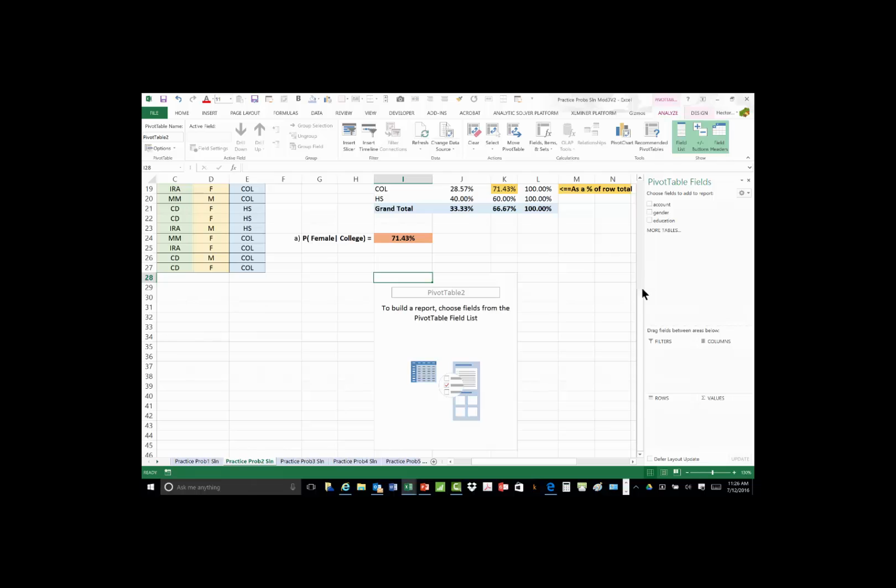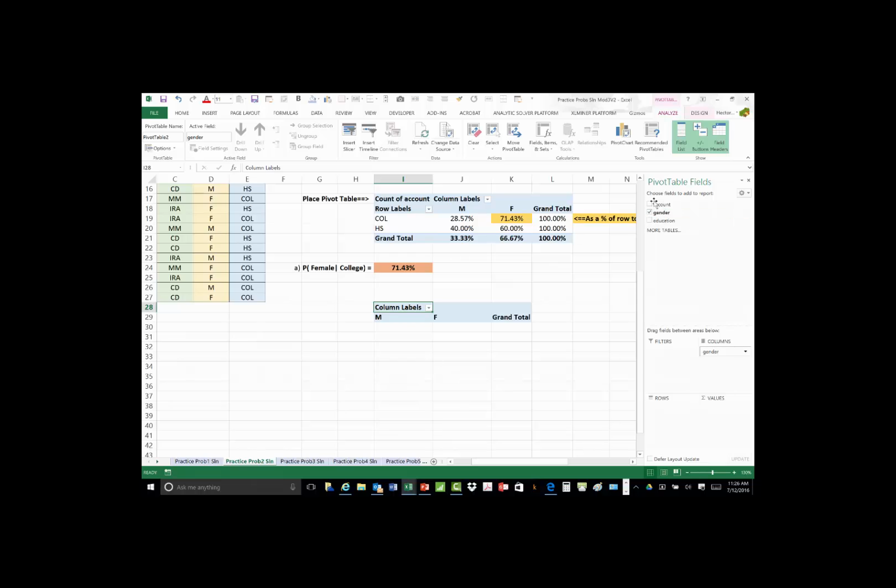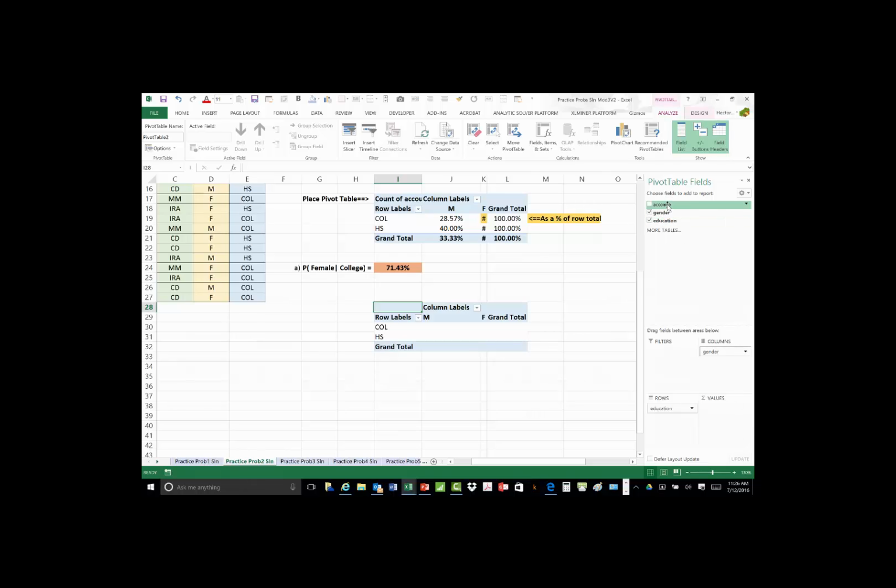You can see from the table here that on the right I can begin to fill in the areas of the table. I want gender in columns, and I want education here. I can put any of these variables in the values. We don't have any values, we're just going to count occurrences. So I'm going to put a count here, and here's what I get.